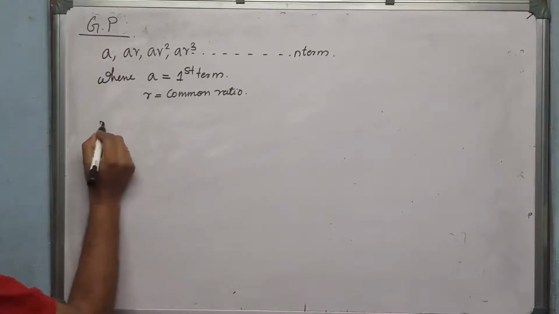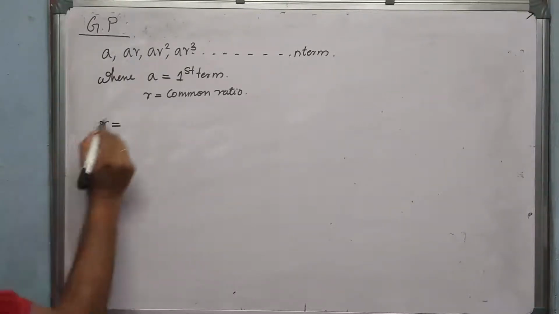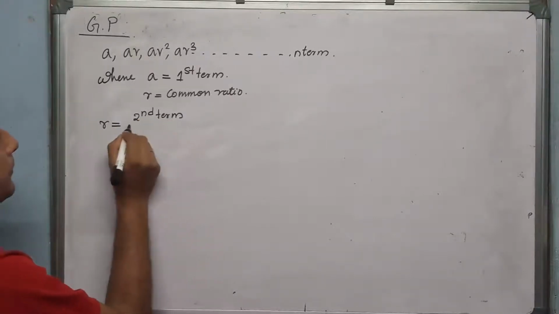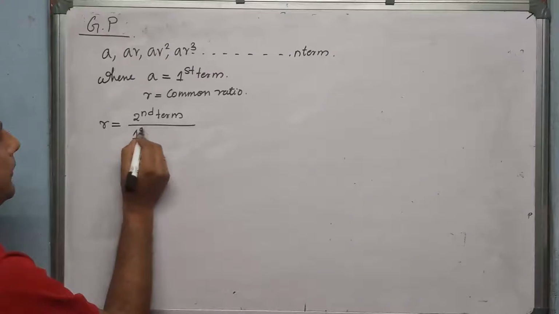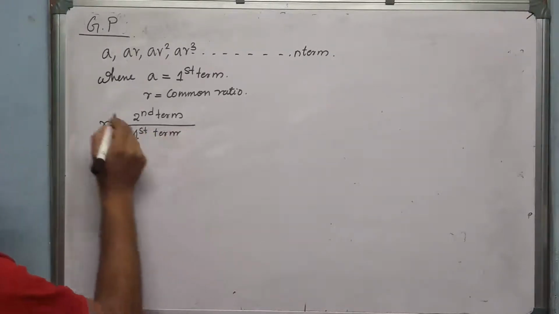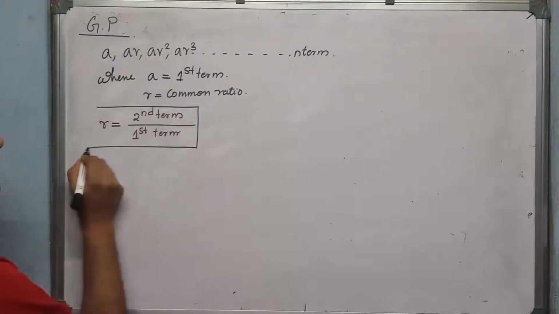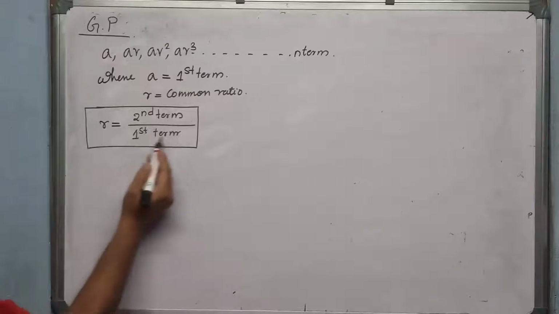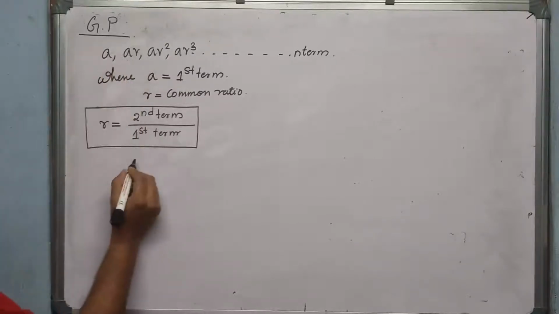Now, how to calculate the common ratio? The formula to calculate the common ratio: second term divided by the first term. R is equal to second term divided by first term. Now I'll apply it over here.